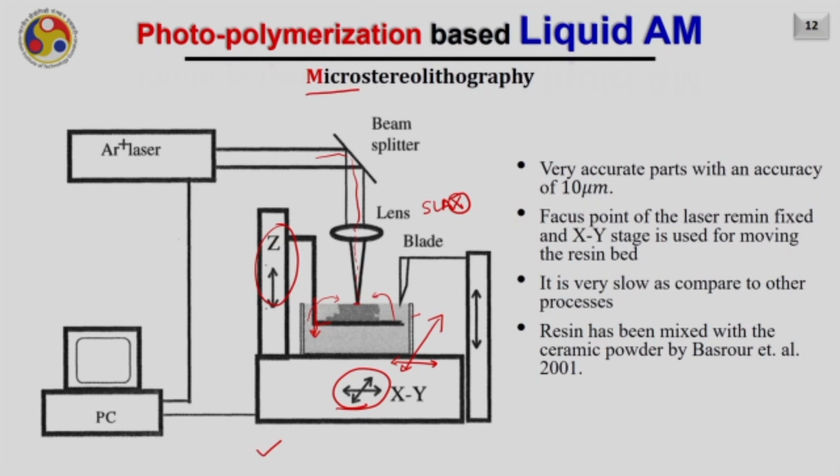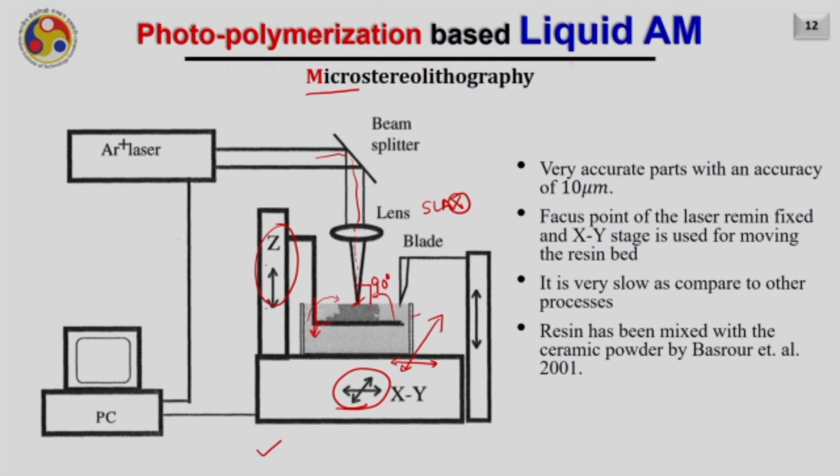It is because as there is no galvanometer, there is no requirement of the shape correcting lenses, and hence you can really make a very tiny spot at these locations or at the focal point. Now, as all the time the laser is falling perpendicular to the liquid bed, its spot diameter will always remain consistent and in the circular form. Therefore, you can produce very accurate parts by this.